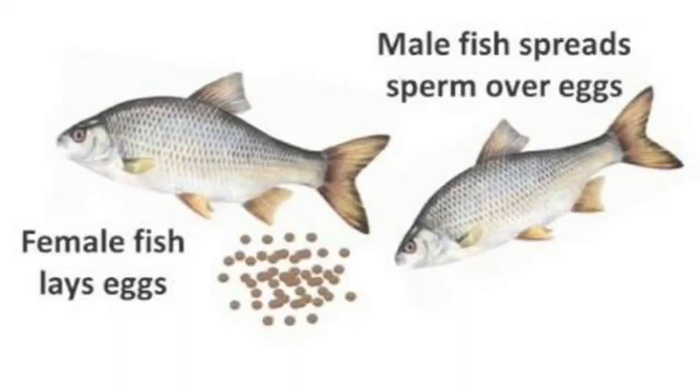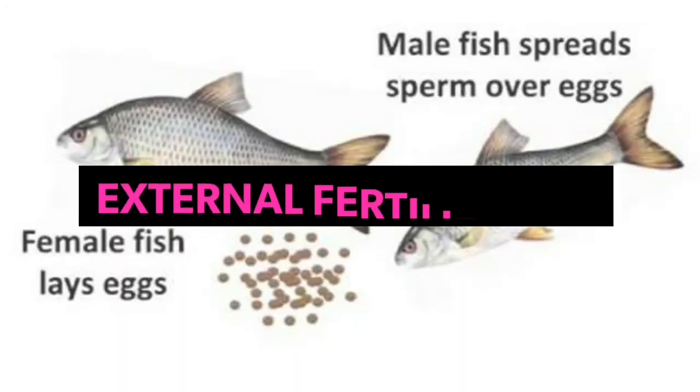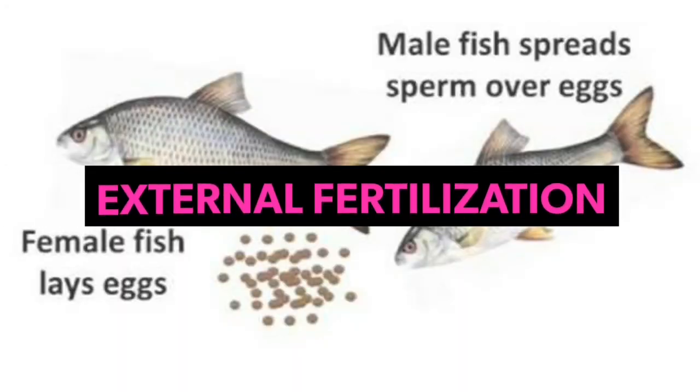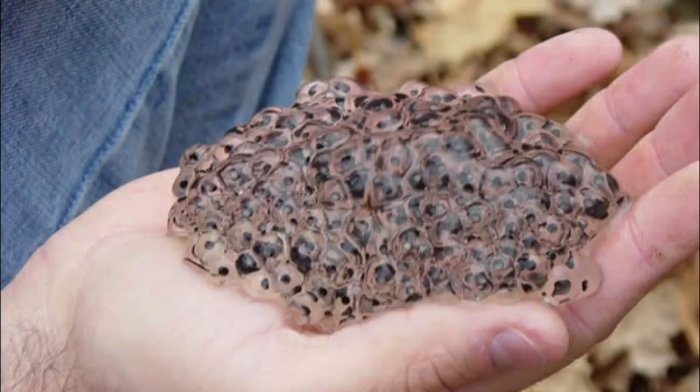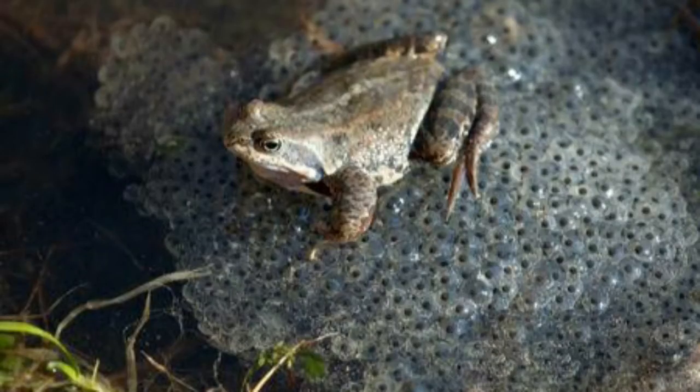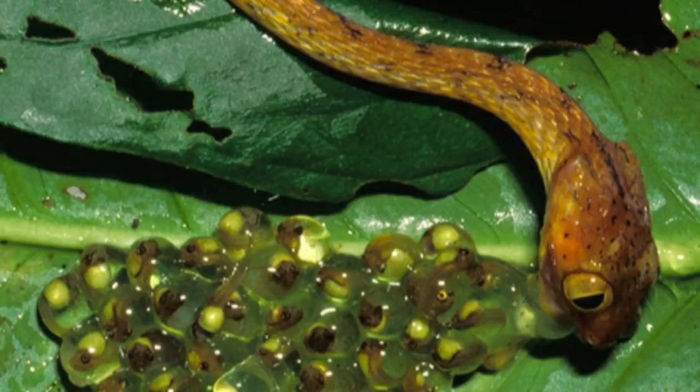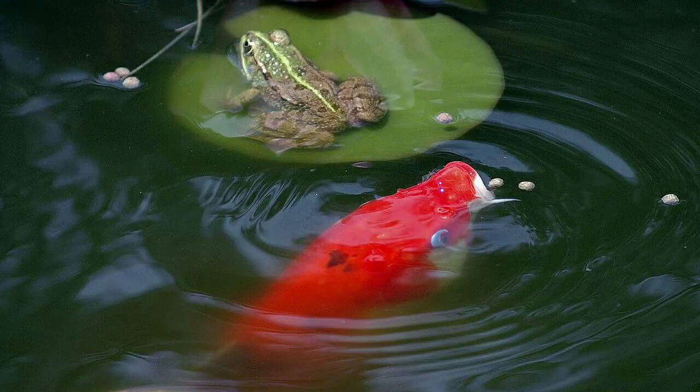This type of gametic fusion is called external fertilization. This is seen in the bony fishes and frogs, where a large number of offsprings are produced. The offsprings are extremely vulnerable to predators. This poses a threat to their survival.